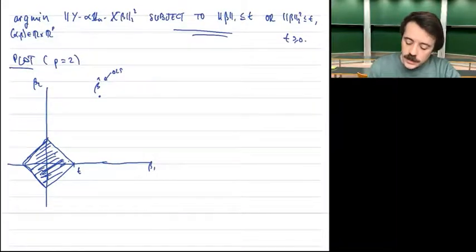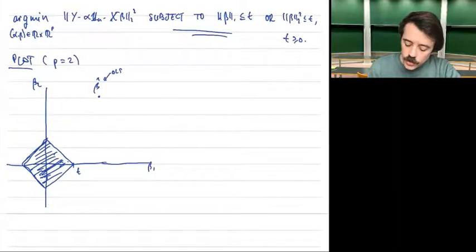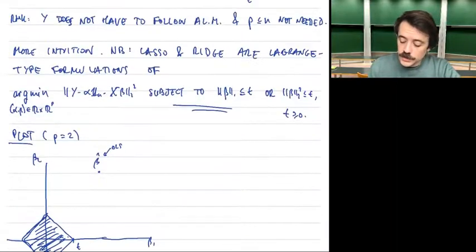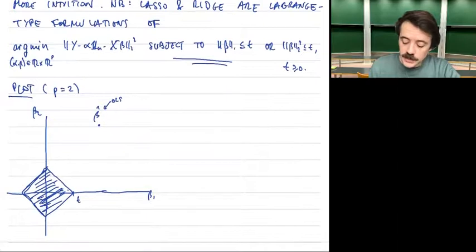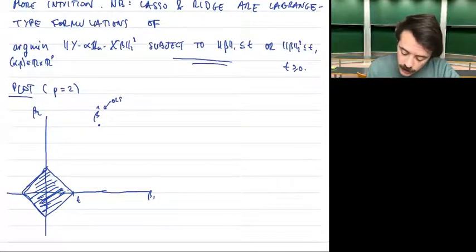Now let's look at the residual sum of squares. So this OLS is basically the minimizer of this residual sum of squares. And what we can do is to look at the contours around it. And maybe they look something like this.